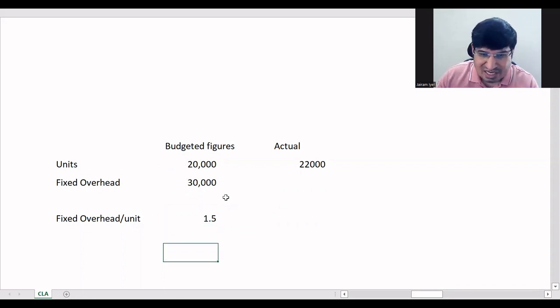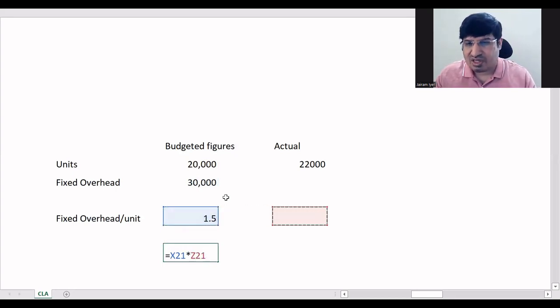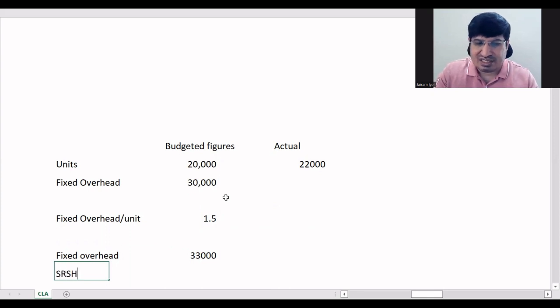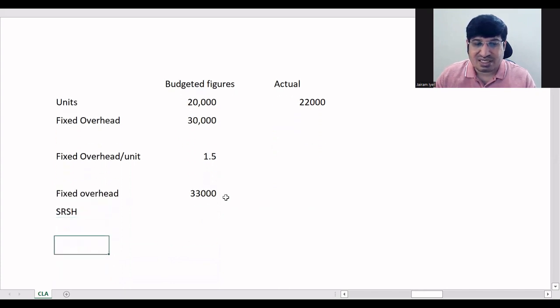So if I do 1.5 into 20,000, what I'll get is a figure of fixed overhead which is SRSH. Now I'm getting SRSH. So this is the value of SRSH. What is SRSH?